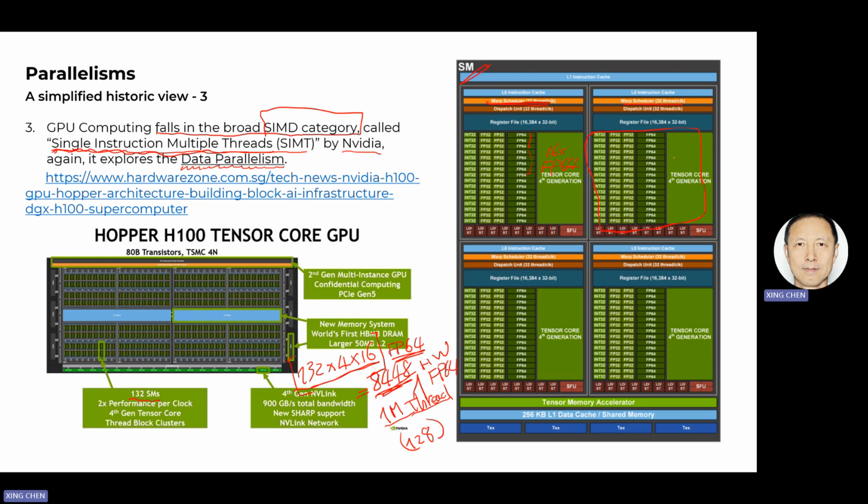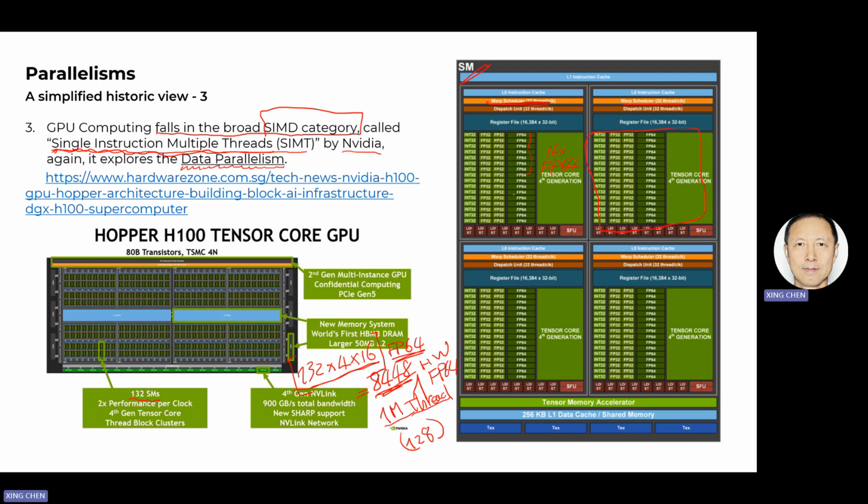Then on the next clock, it could be swapped to another 32 threads. So you can have much more threads than hardware units.